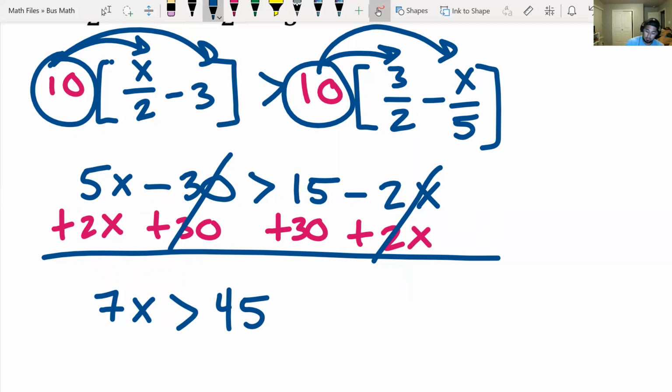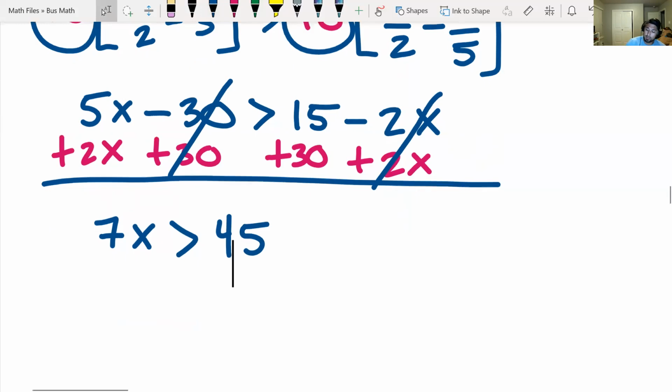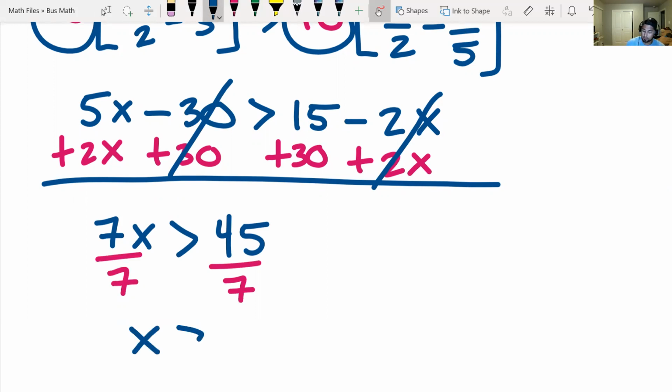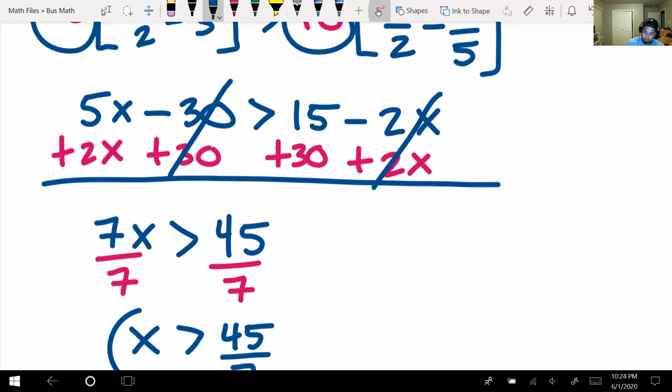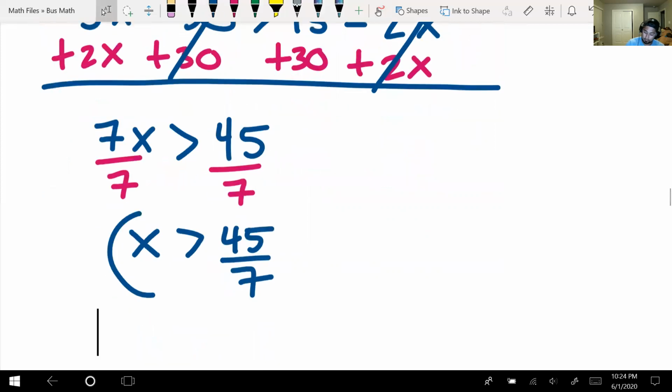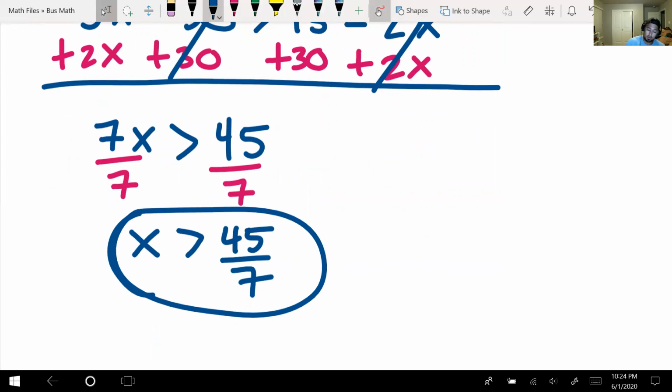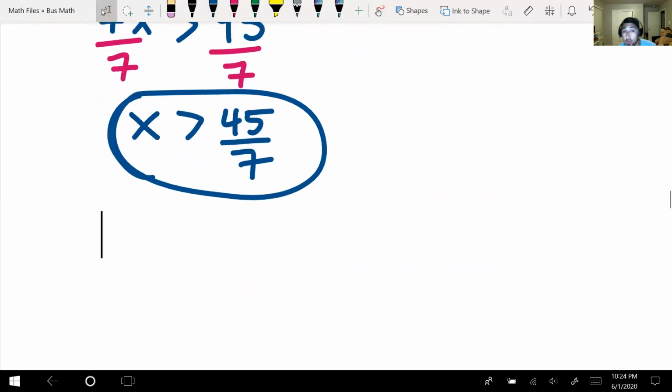Excellent. Now, just divide by 7. And we get x is greater than 45 over 7. And now let's go ahead and graph that.